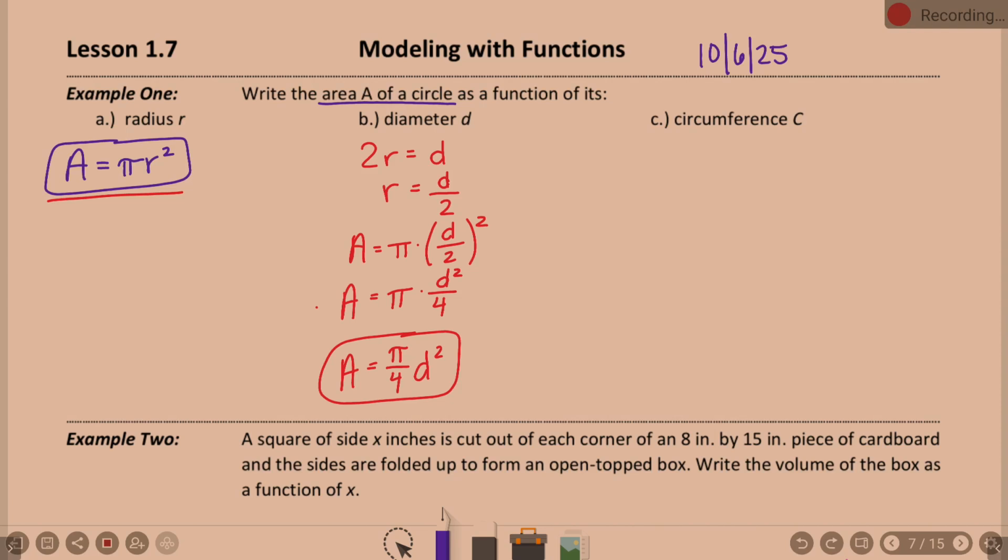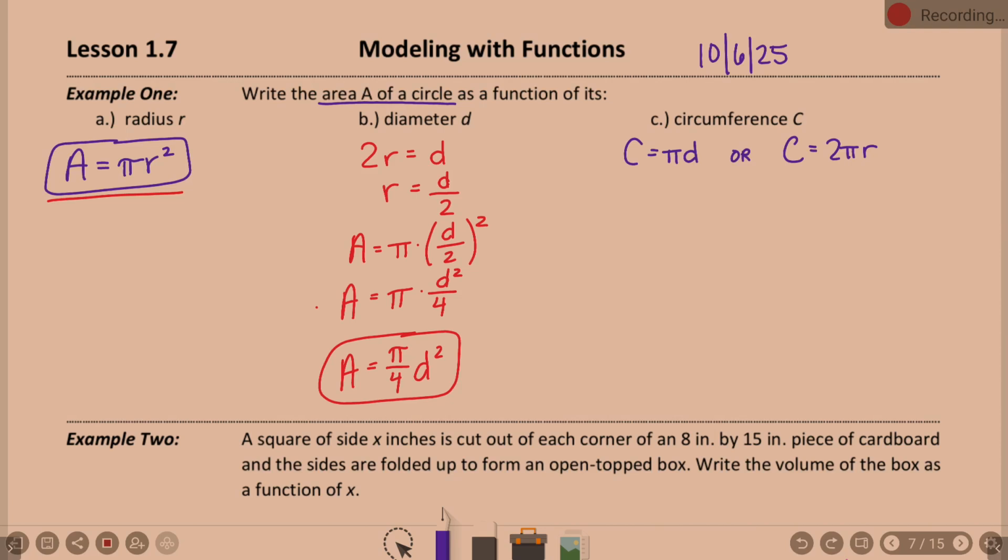Yeah. Either way, you could think pi d or 2 pi r. Those are both equivalent, right? Because the diameter is 2 times the radius.